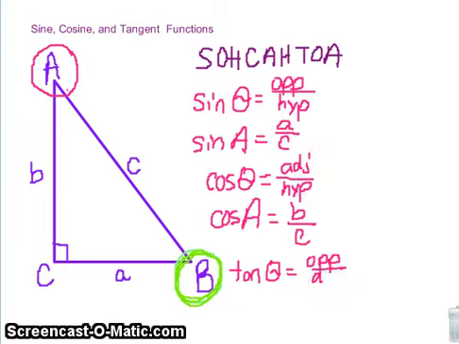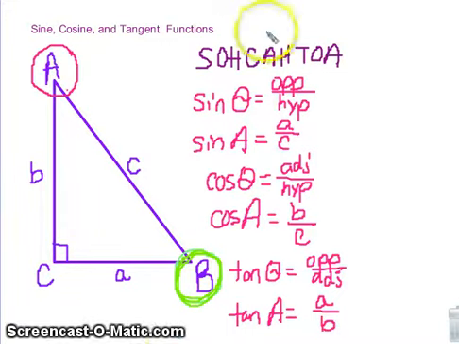It's hard to read my writing. And so tangent of angle A, the opposite is A over B. Opposite over adjacent.